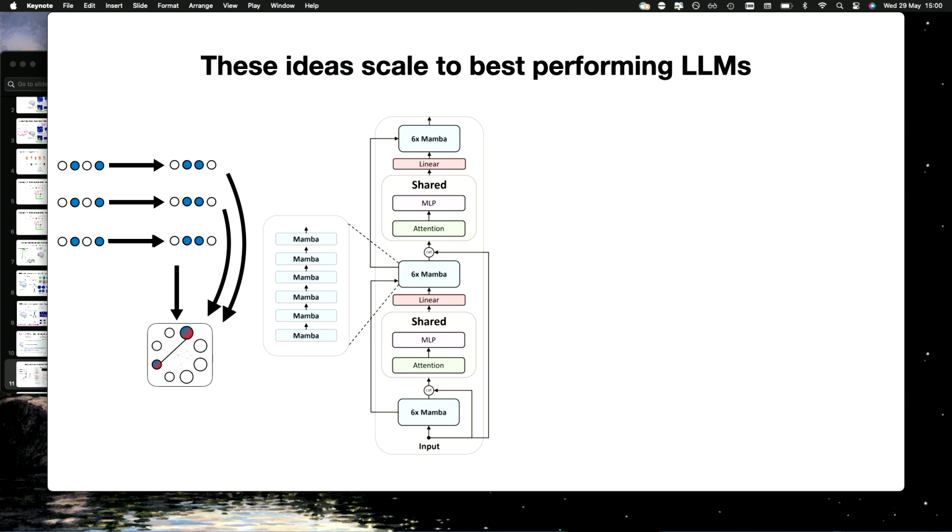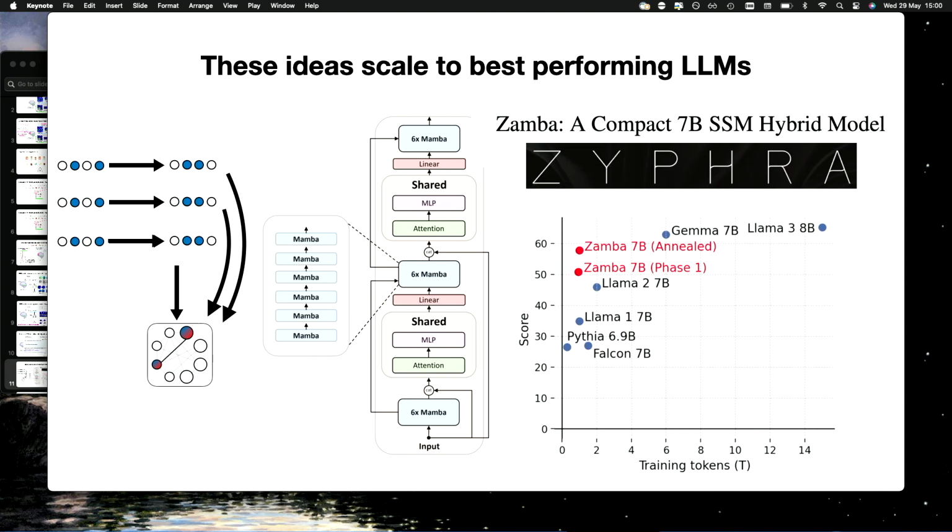If you scale this very same idea up, you're able to create models which, for their given size, perform the best out there. What I'm showing you here is how well the models are doing with the amount of training they've had. You can see these models, the ones I'm talking about that have this exact structure, essentially do the best given the very limited amount of training they have. So there's something in this.